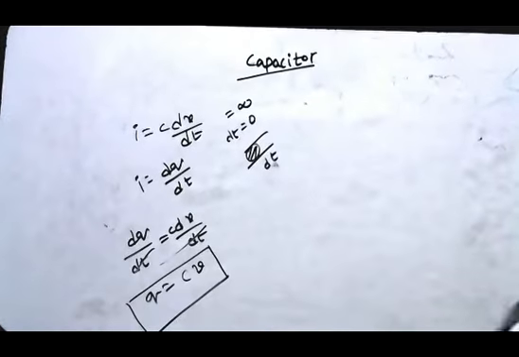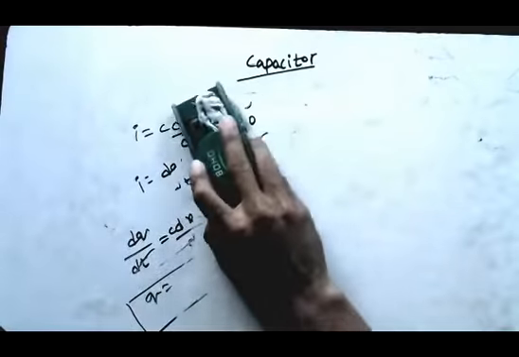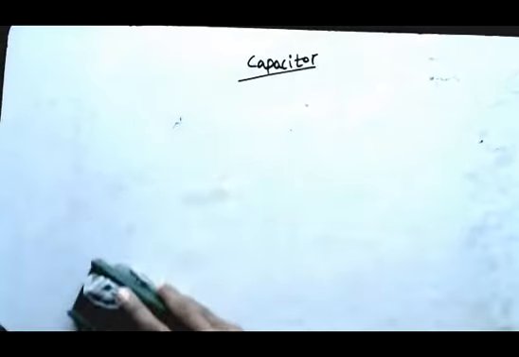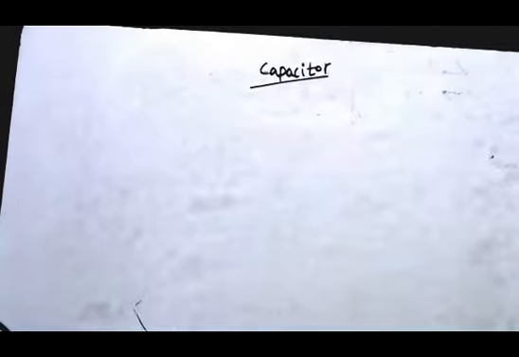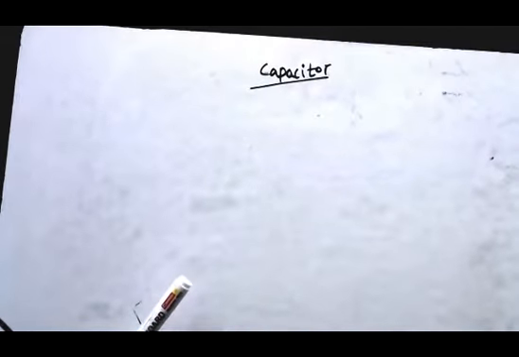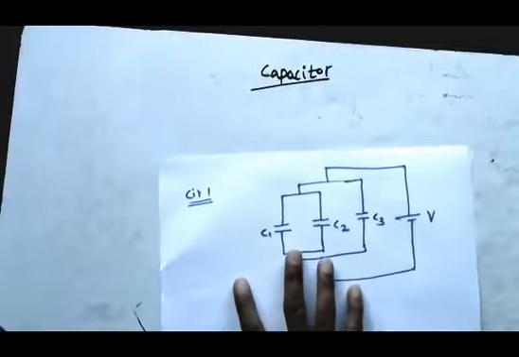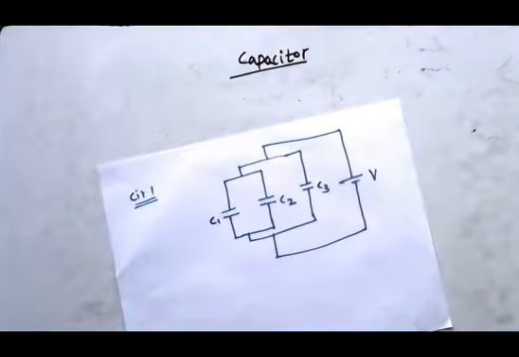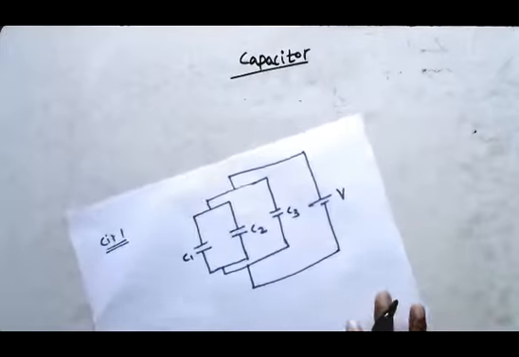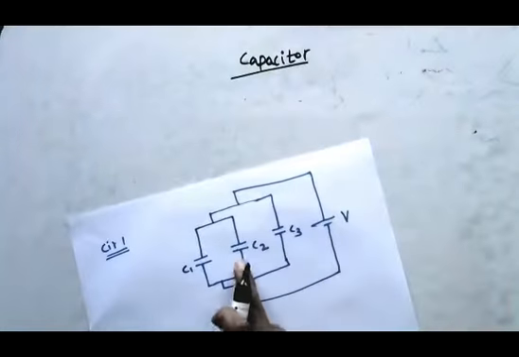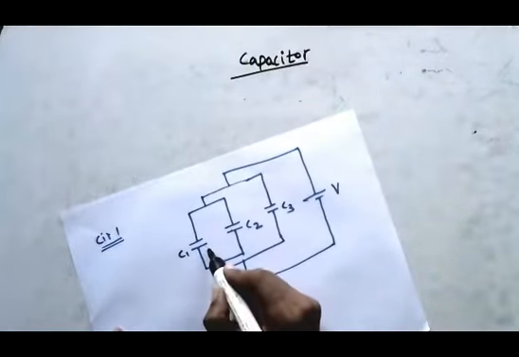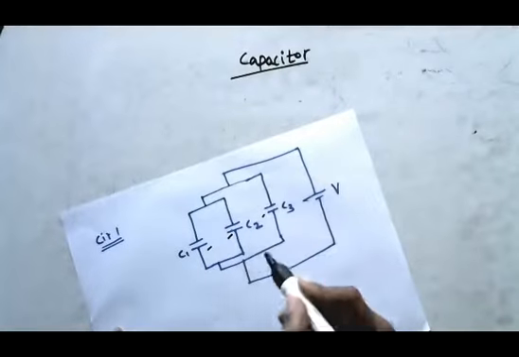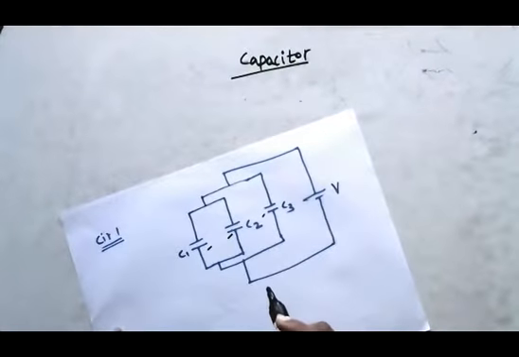Next, we have a circuit of this fashion. This is the circuit we have seen on the screen. By seeing the capacitors here, C1, C2, C3 are all connected in parallel.